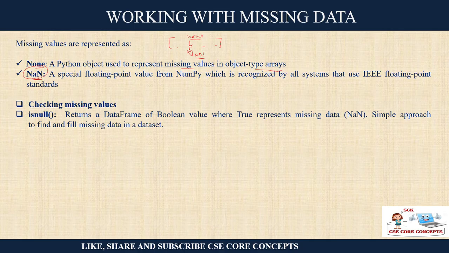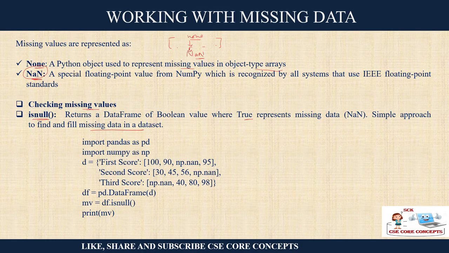Now, first of all, how will you check whether your data has missing values or not? Using the isnull function. It will return a data frame of Boolean values where True will represent missing data, that yes, there is missing data. This is a simple approach to find and fill all the missing data in the data set.